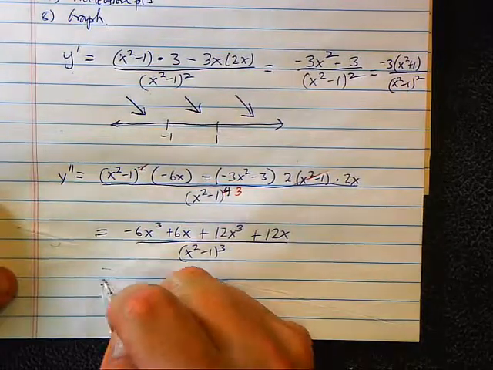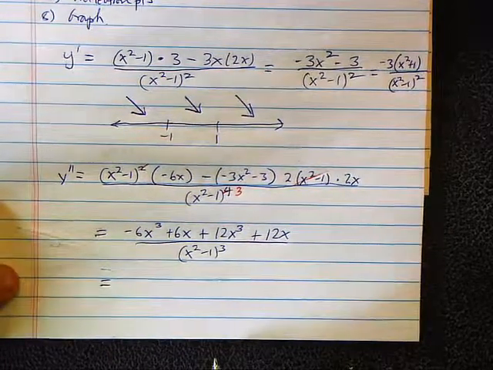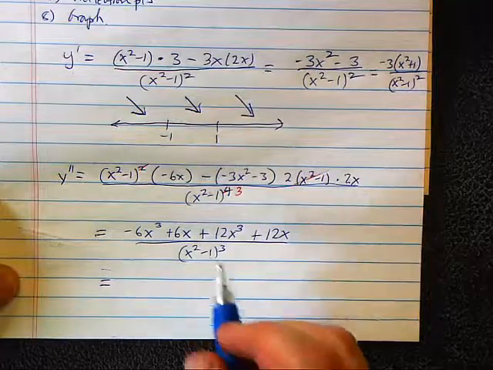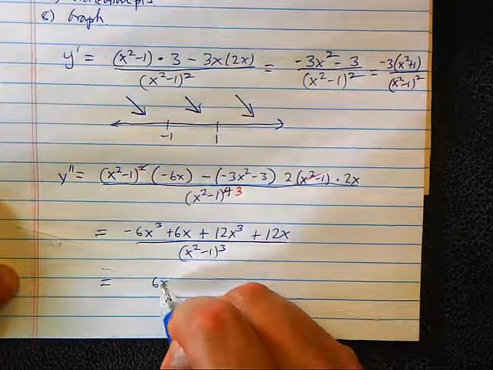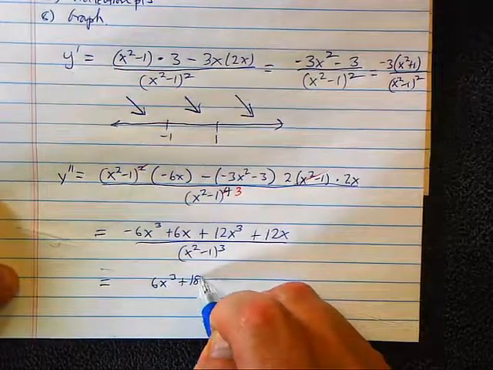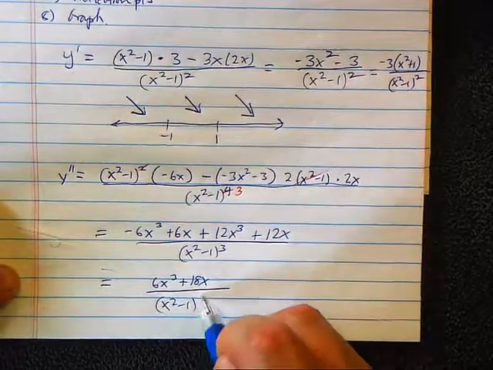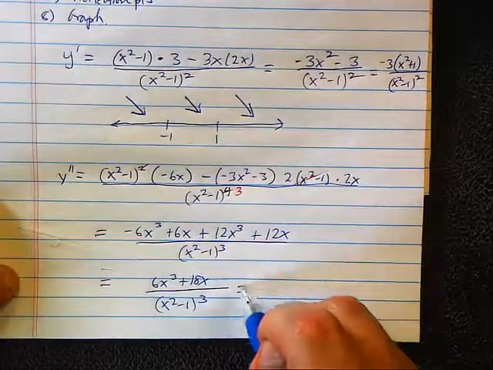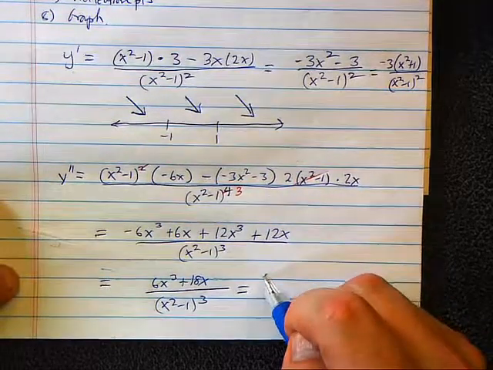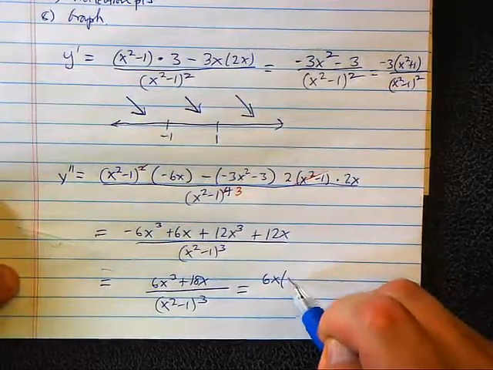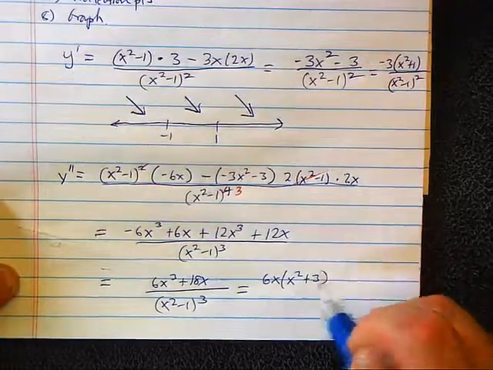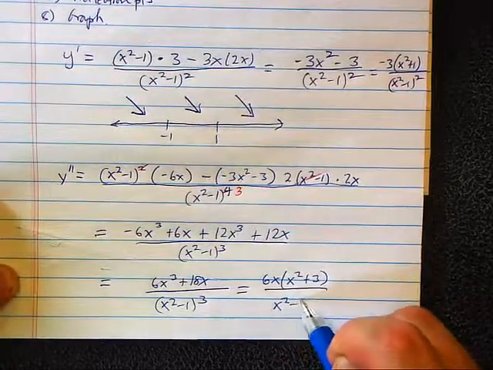All right, so simplified, I think we have 6x cubed plus 18x over x squared minus 1 cubed. And I think I'll even go a step further. I'll write that as 6x times x squared plus 3 over x squared minus 1 cubed.